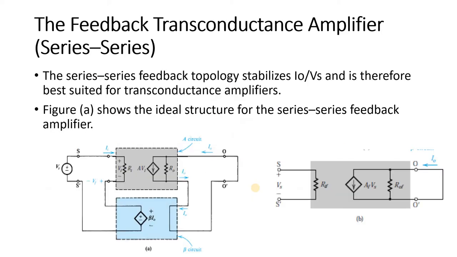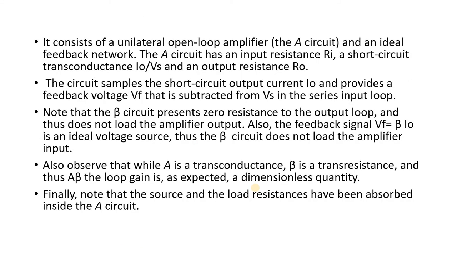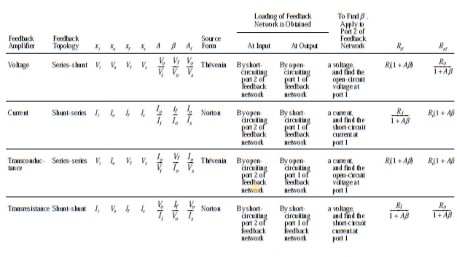Next is the feedback transconductance amplifier. Transconductance means input is voltage, output is current. So it is series, meaning the feedback network is connected in series with the input as well as in series with the output. Here also we are going to calculate the input resistance and the output resistance.